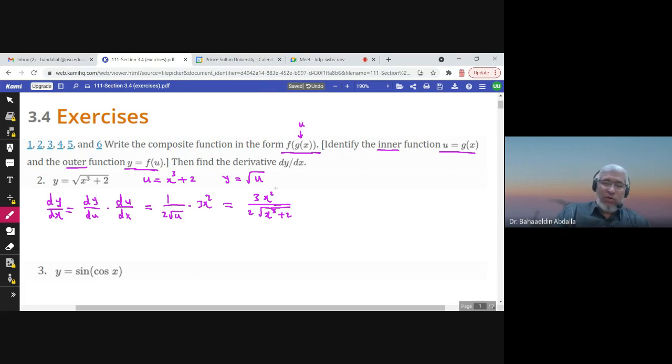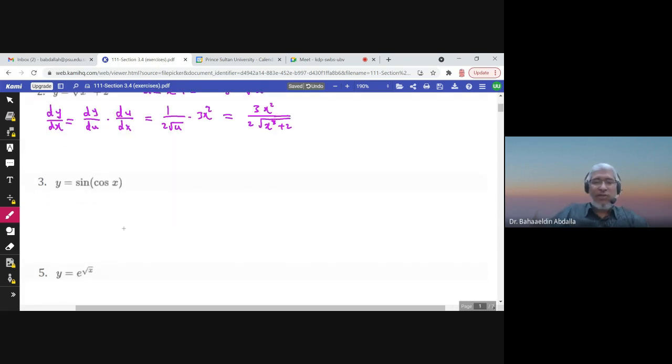Here the inner function is cosine x. So I call u cosine x, and then this would be u. So y would be sine u. And dy by dx would be dy by du, so the derivative of sine u, which is cosine u, times du by dx, which is the derivative of cosine x with respect to x.